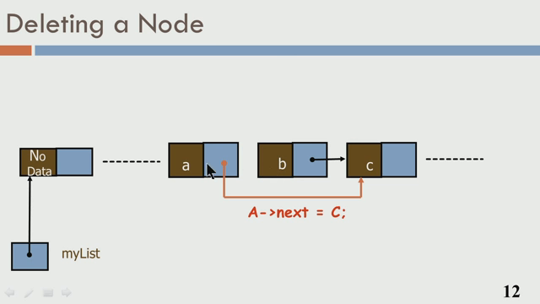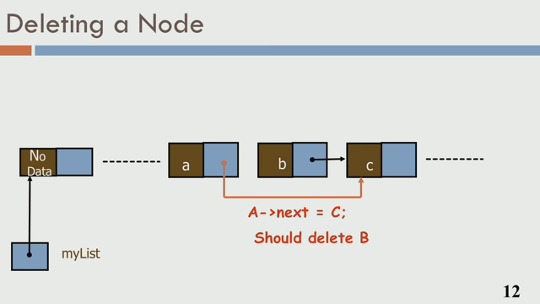B's predecessor is A, and what I want to do is change the contents of A to point to C as the next element. So A's successor should now be C and not B. What we want is A's next field, which is now pointing to B, to change to C. This is what we want, right?